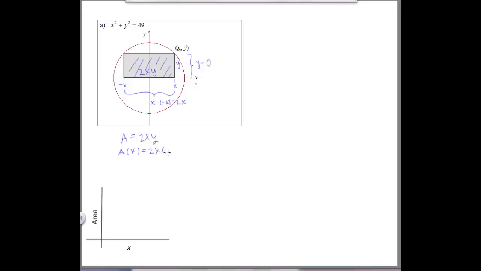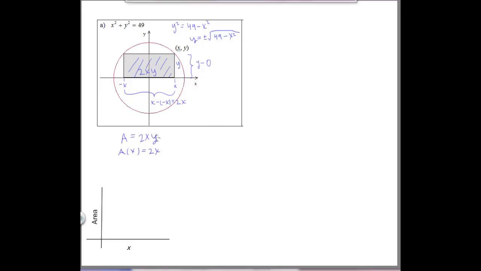So we need to replace that y with an equation that y is equal to, and the way you do that is you use this helper equation up here. Rewritten, y squared is equal to 49 minus x squared. So y is equal to plus or minus the square root of 49 minus x squared.